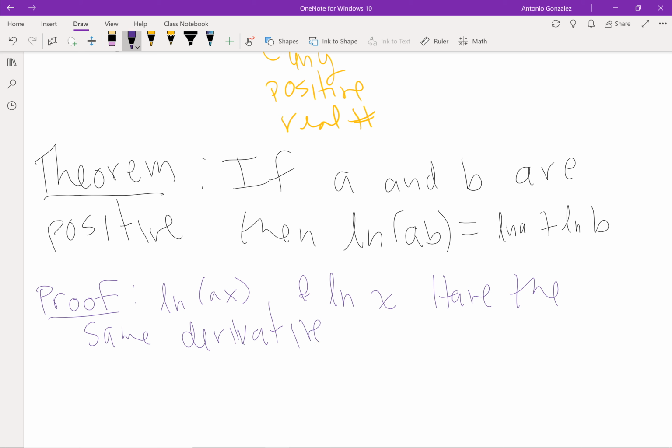Right, and again here x is a positive value, from 0 to infinity, and a is also some positive real number.